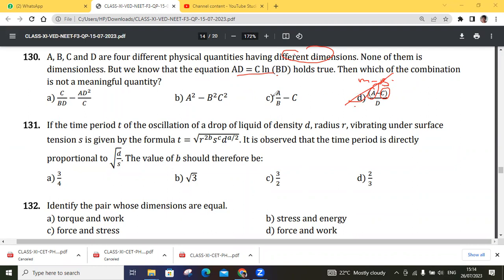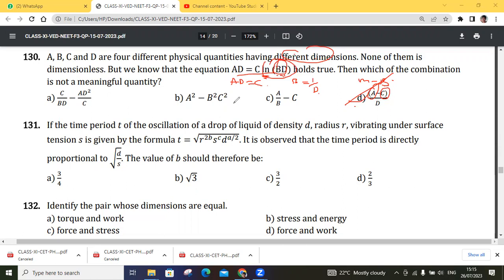And other options will be meaningful. How? See, log of BD will be a number, so B is equal to 1 by D dimensionally. And log will be a number, so AD will be equal to C dimensionally speaking.